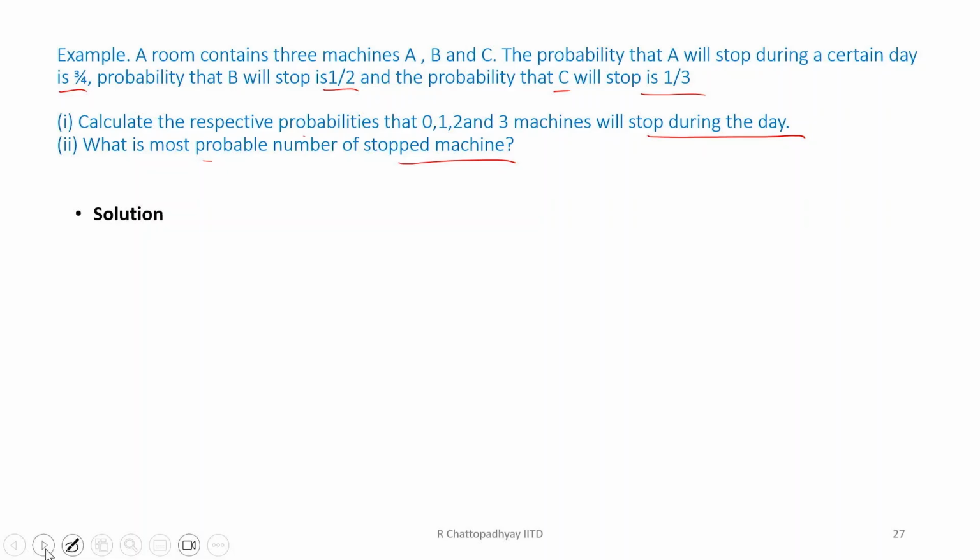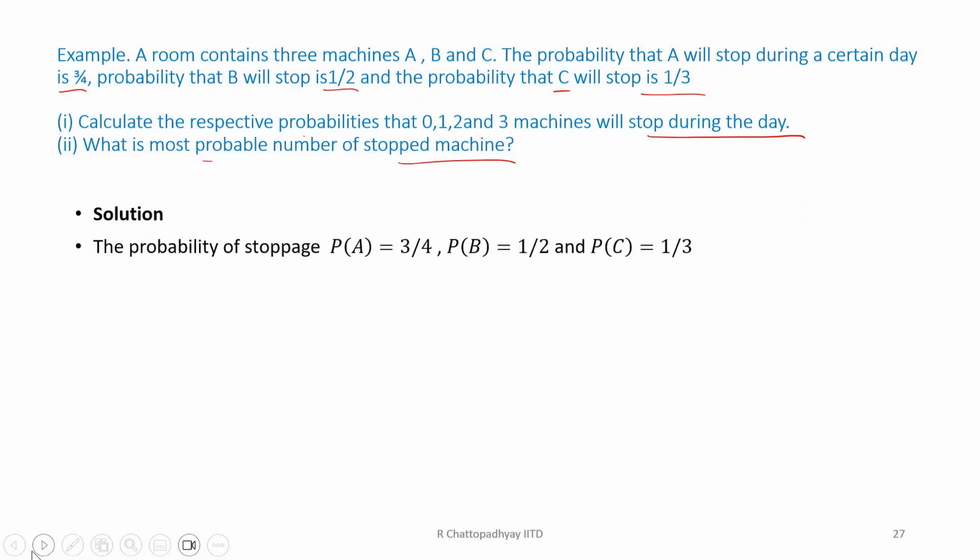Probability of stoppages are given for individual machines, PA, PB and PC. Obviously, these 3 machine stoppages are independent of each other. Stoppages of B have nothing to do with the stoppages of A or C. They are running independently and are not dependent on each other.